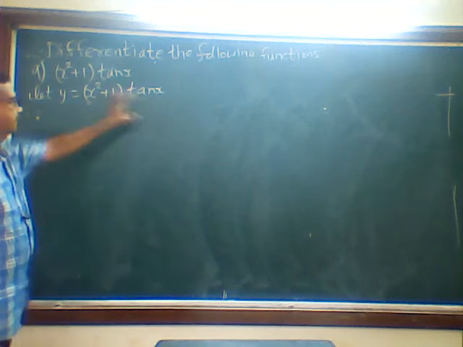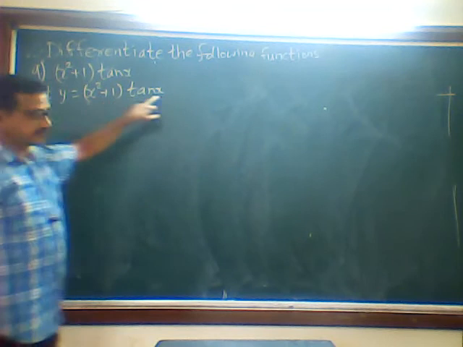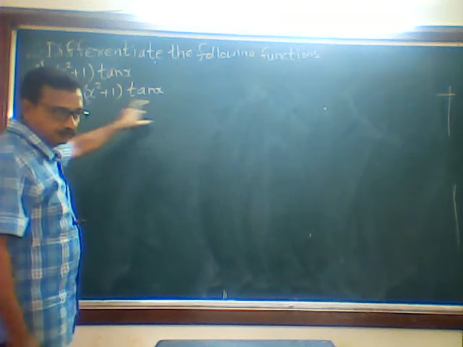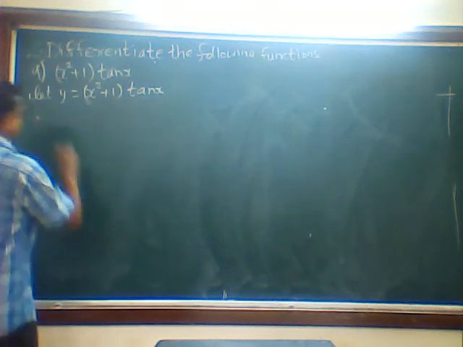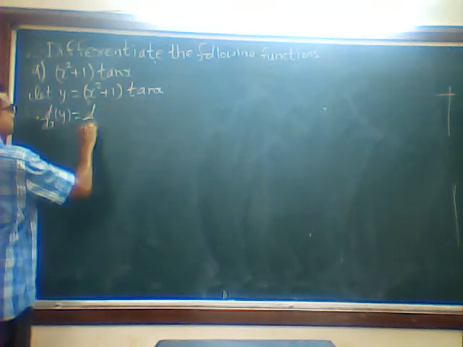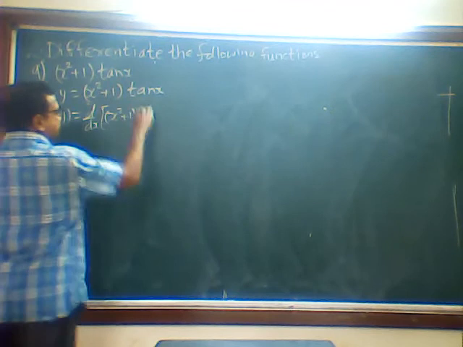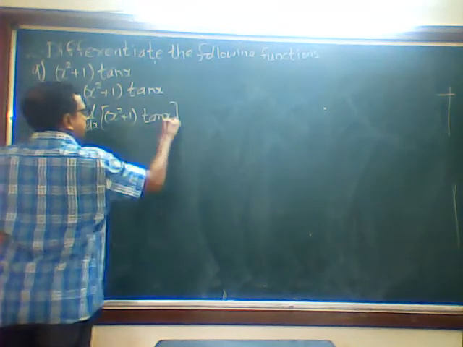You can multiply it out, but don't go that way. We'll consider this as one term and this as the second term, u and v. So we'll apply d by dx on both the sides. First term as it is, second term.